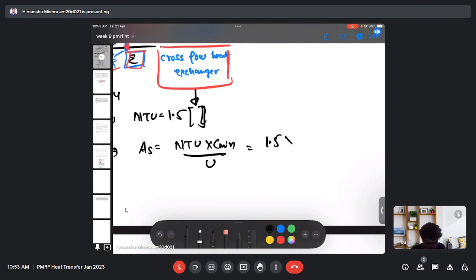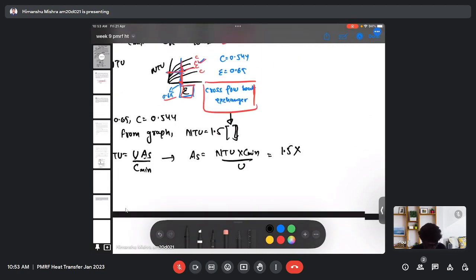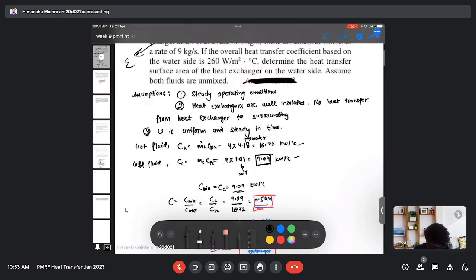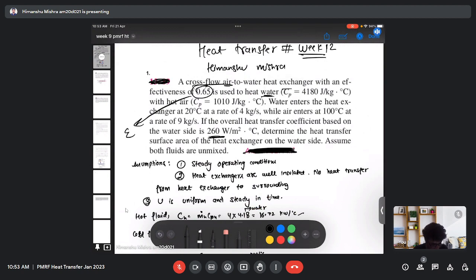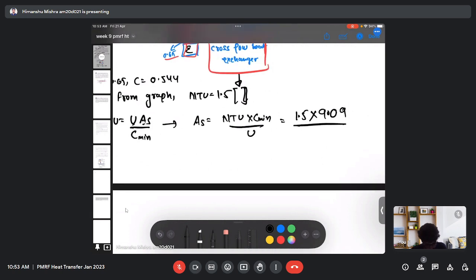My NTU is 1.5, my minimum heat capacity is 9.09, and the overall heat transfer coefficient on the water side is 0.260 kilowatt per meter square degree Celsius. So my heat transfer area will be 52.4 meters square.